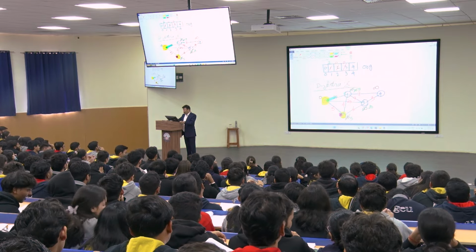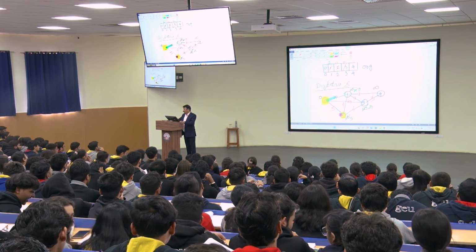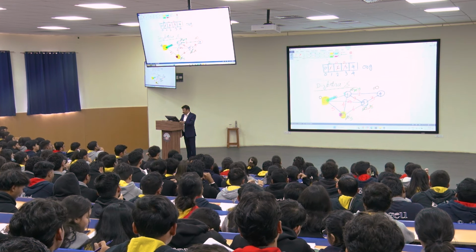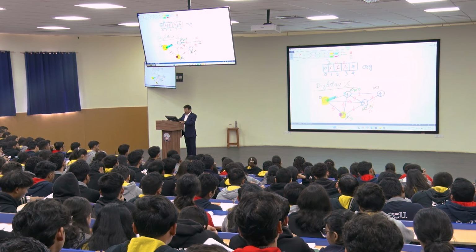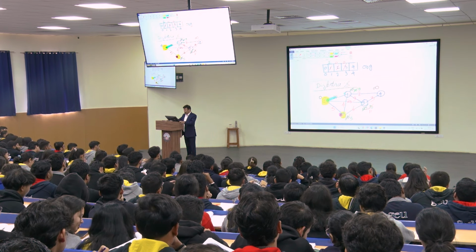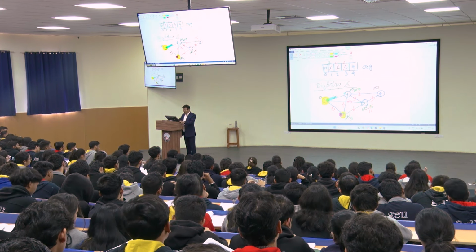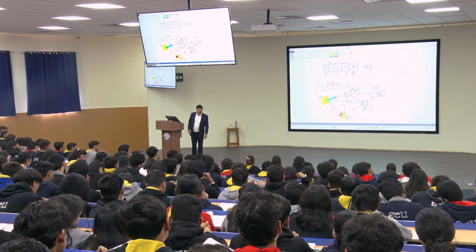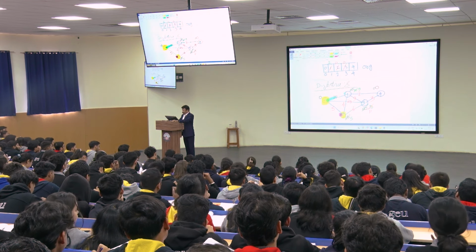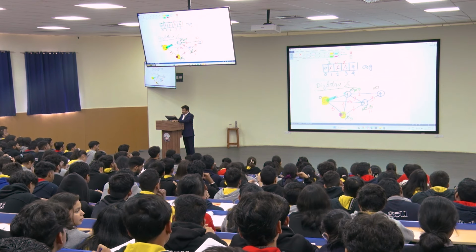I can go from 2 to 3. Up to 2 the cost is 5. I will add 6 more, so it will become 11. Anywhere else I can go from 2? No? Fine. So now 2 is also fixed. So for 3 we have now reached from 2.